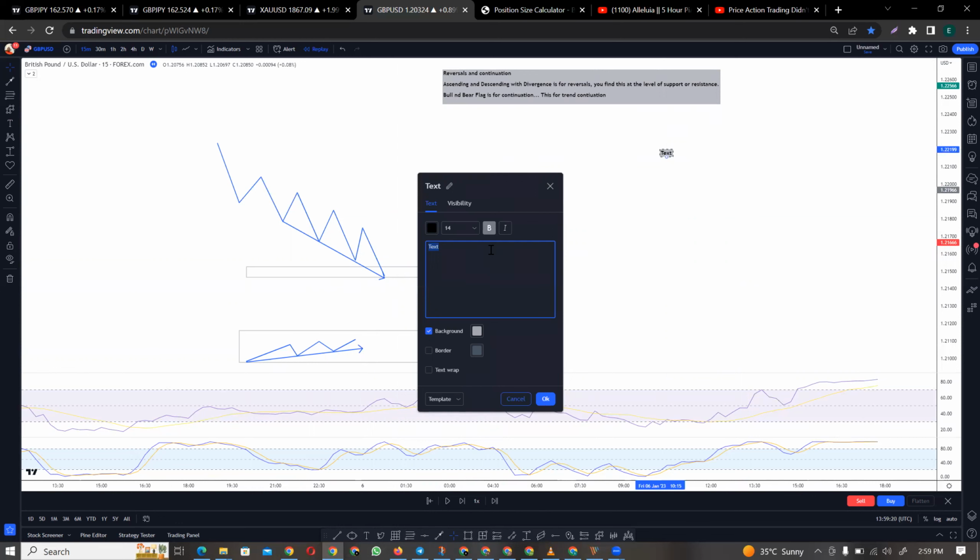So our confluences here, which we will use for our backtest, are divergence, structure break, and then retest of zone, then price action.